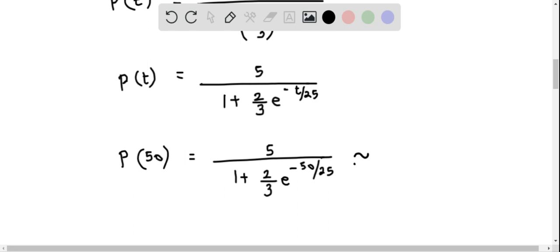And working this out, we get 4.586. This is approximated to three decimal places, and when rounded to the whole number we can approximate this to 5. So p of 50 is approximately 5.